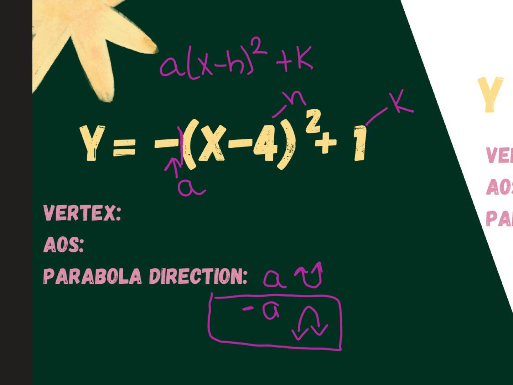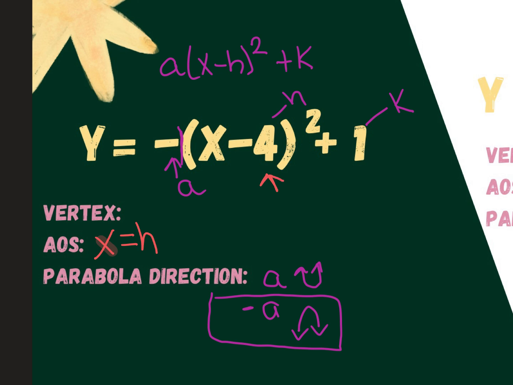Now let's look at our axis of symmetry. Our axis of symmetry is the x value of our vertex. Well, remember, in vertex form, the x value is the same as our h value. What is our h value?